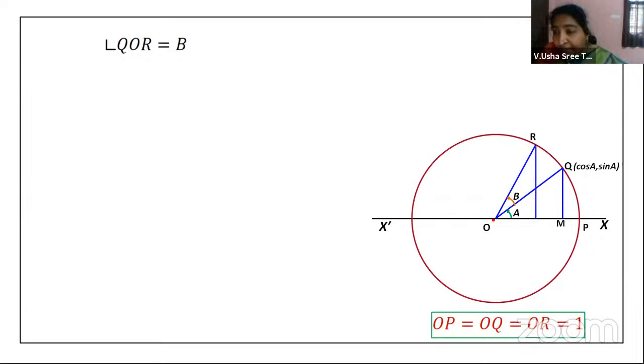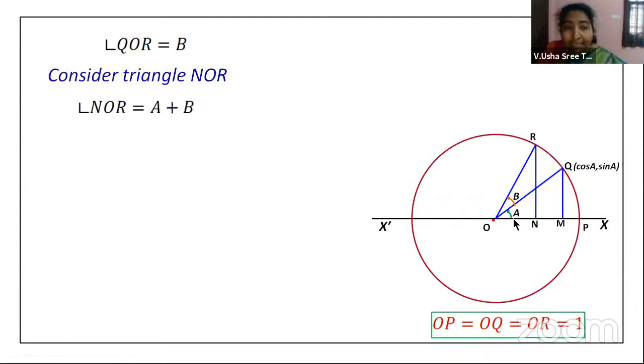We will drop a perpendicular from R onto the x-axis, children. Let that meet at N. Then clearly triangle NOR will be a right-angled triangle. Angle NOR is a combination now. It is the sum of A and B. So I can say angle NOR is nothing but A plus B. Now, for this triangle again, we will consider sine and cos.